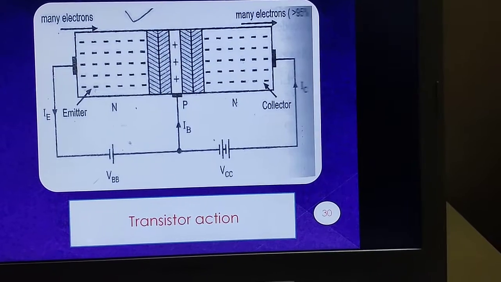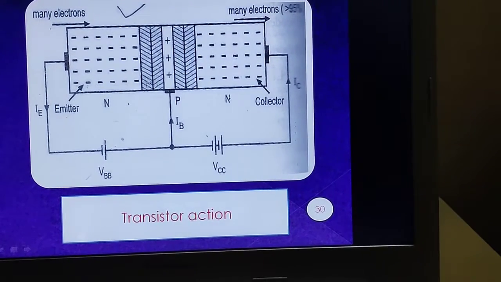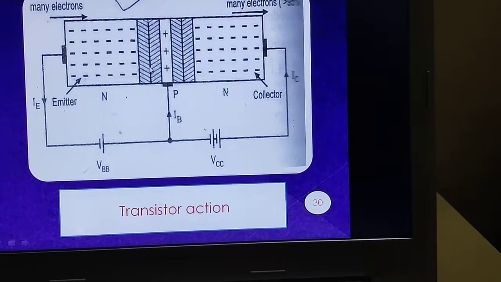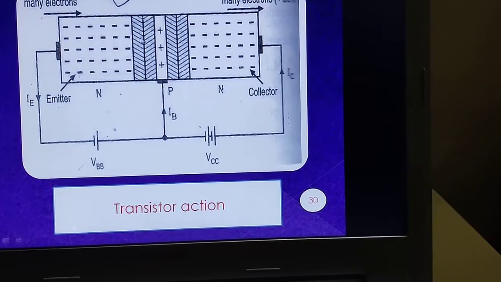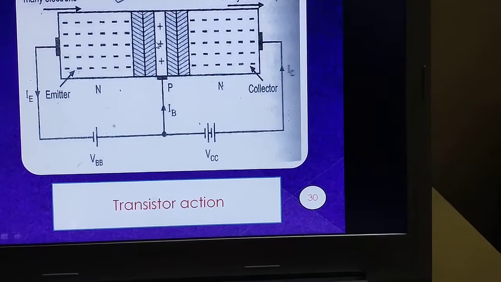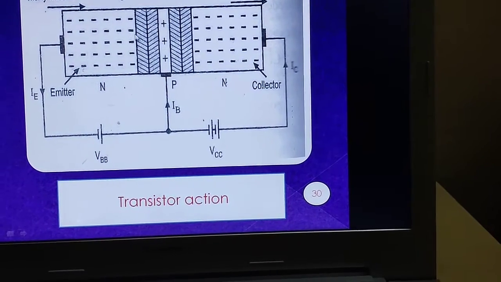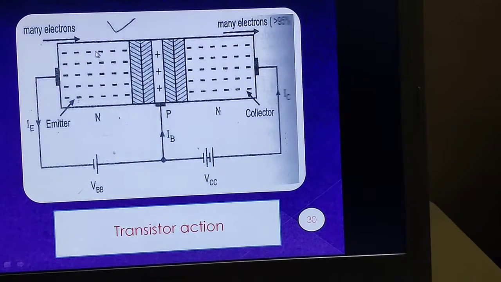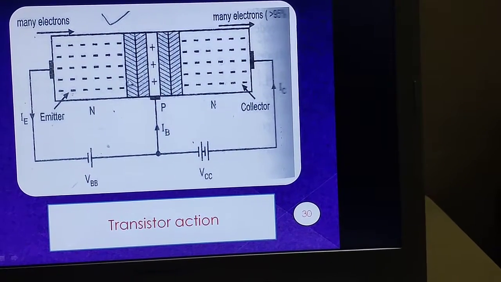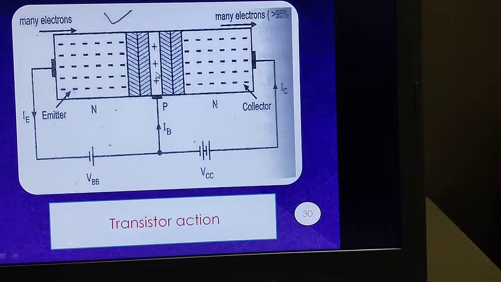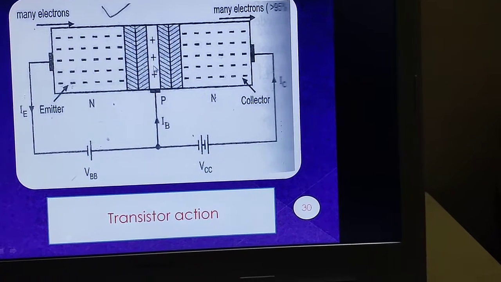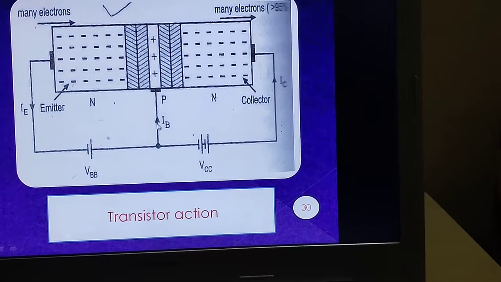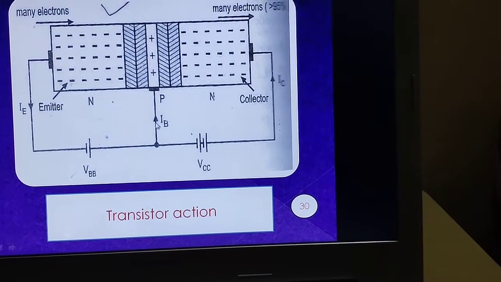Now because of the forward biasing, the base, which has an opposite polarity, will pull the electrons from this side, but the base is very lightly doped. So suppose 100 electrons are there in the emitter. Out of these, only 5 electrons recombine with the holes in the base, and they constitute a current called the base current IB.